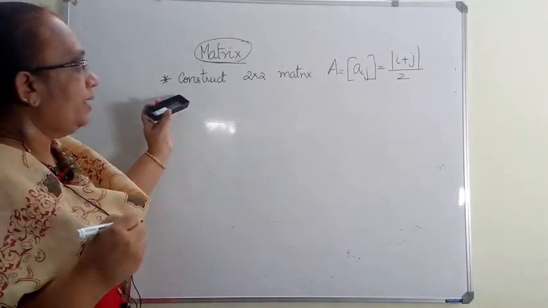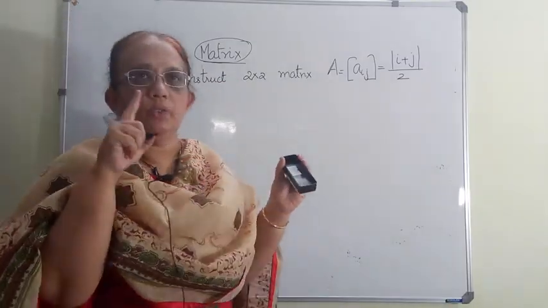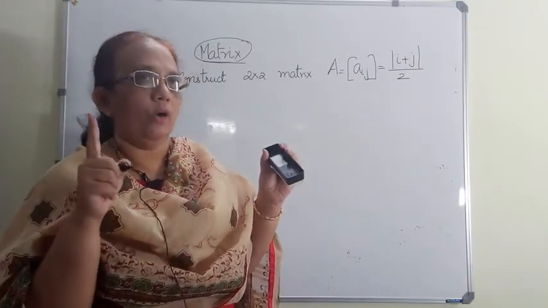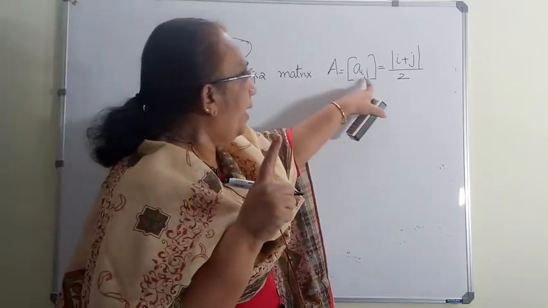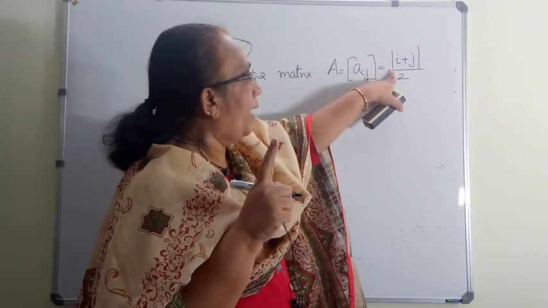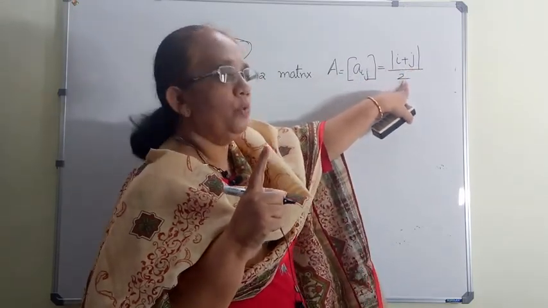From the general element, I am constructing a 2 by 2 matrix. So the point should come to your mind: 2 by 2 has 2 rows and 2 columns, and the elements are of the form aij, equal to the absolute value of i plus j divided by 2.